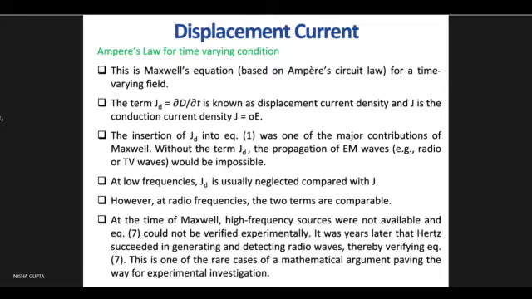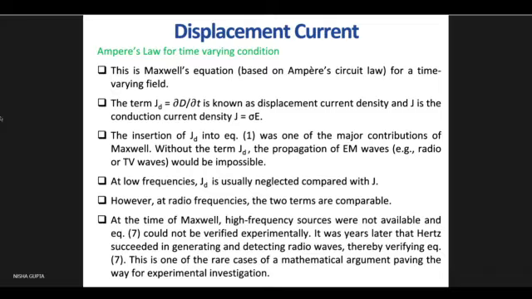Now, as I told you in the last class also, at the time of Maxwell, high frequency sources were not available. So the mathematical equation was not verified experimentally. It was years later that Hertz conducted the experiment and detected the radio waves. There only this equation was verified, and that is why we say that it is one of the rarest of the rare occasions where the mathematical foundation was laid down first, and only then was it proved experimentally.